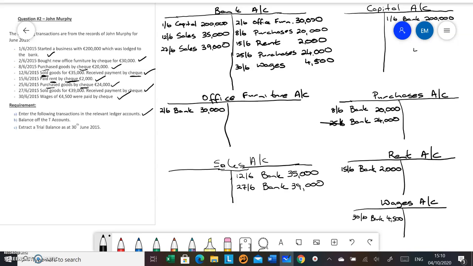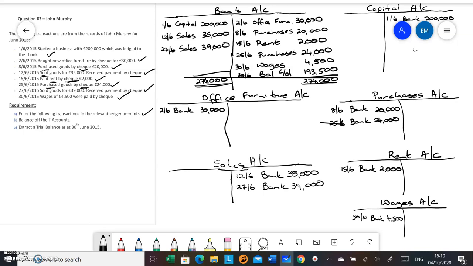So starting at the top, if we close off our bank account, we can see that the total of the debit side is €274,000. And then in order to make the credit side equal the debit side, on the 30th of the 6th, you will have a balance carried down of 193,500, and that is your balancing entry in order to make your credit side equal the 274,000 as well.